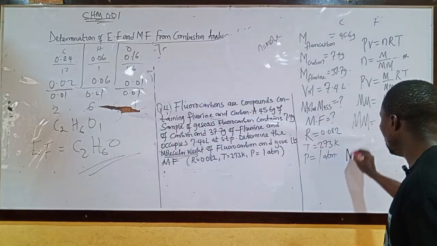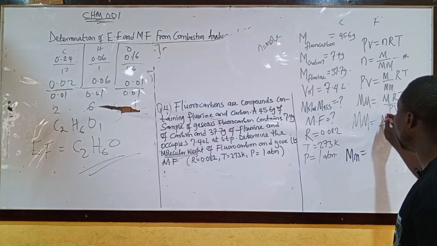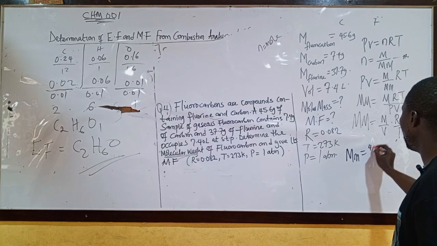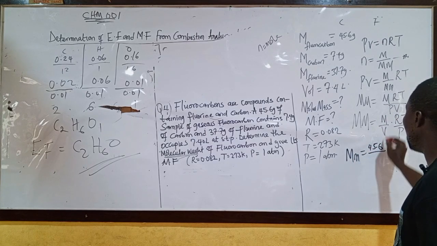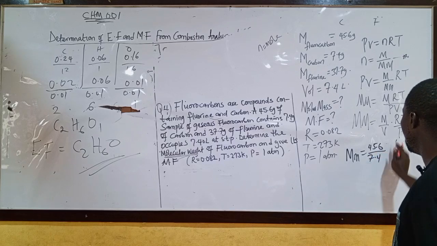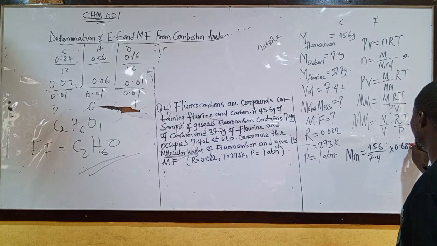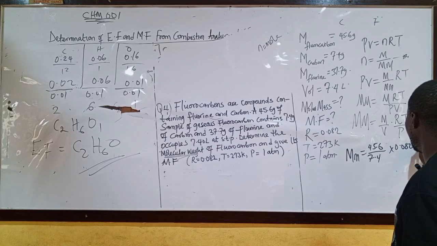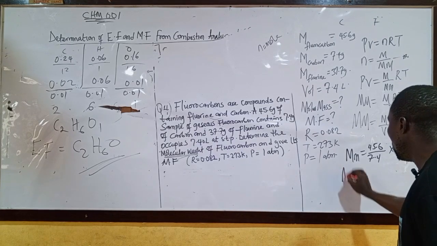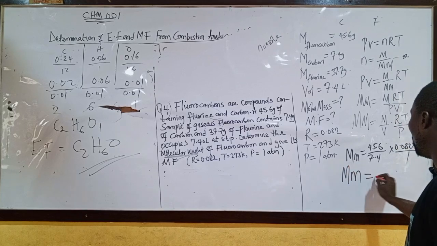Molar mass equal to, mass is given as 45.6 over volume, which is 7.4, times 0.082 times temperature 273 over pressure, which is 1. Then we have the molar mass, that is the molecular weight.